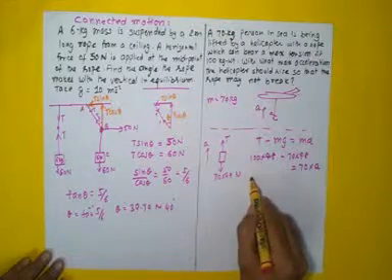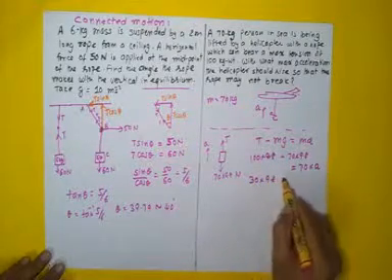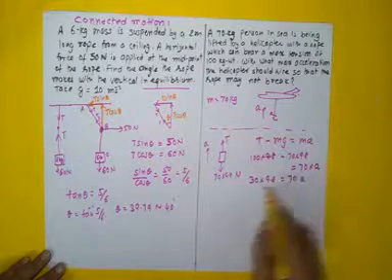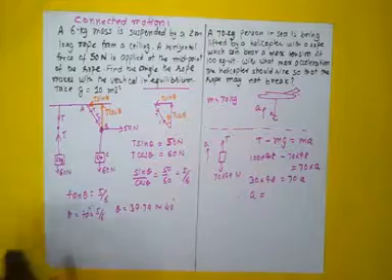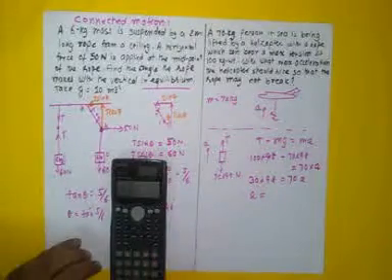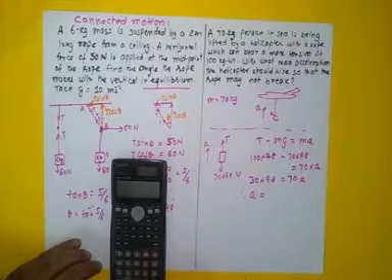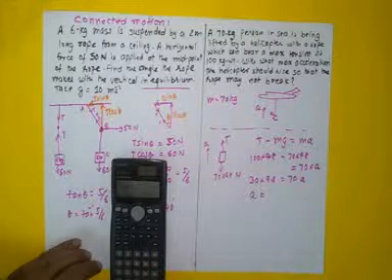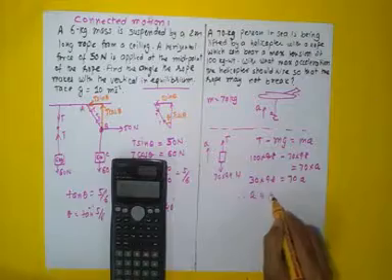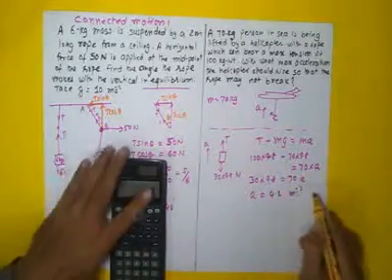So this will give me 30 into 9.8 is equal to 70 a, and I can calculate the acceleration by doing a quick calculation. 30 multiplied by 9.8 divided by 70 gives 4.2 meter per second square.